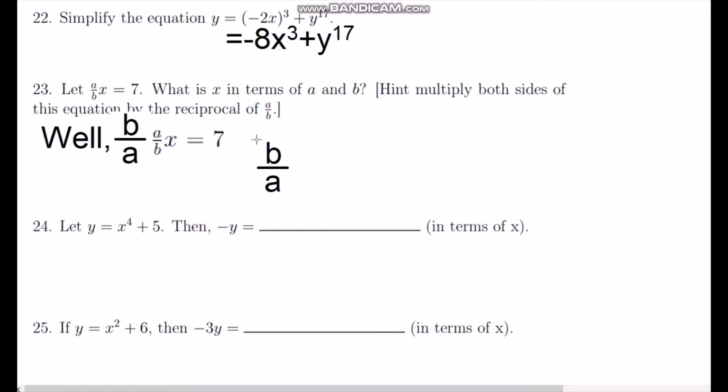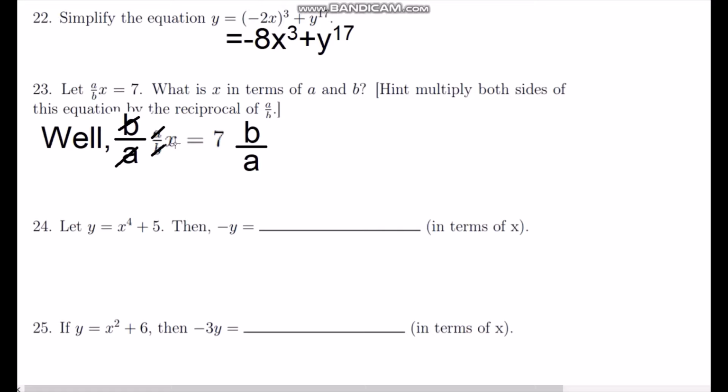We're super close. This cancels out with this. That's the number 1. This cancels out with this. A over a is 1. So we're left with this whole term being 1 because these all canceled out. So we have 1x is equal to 7b over a.